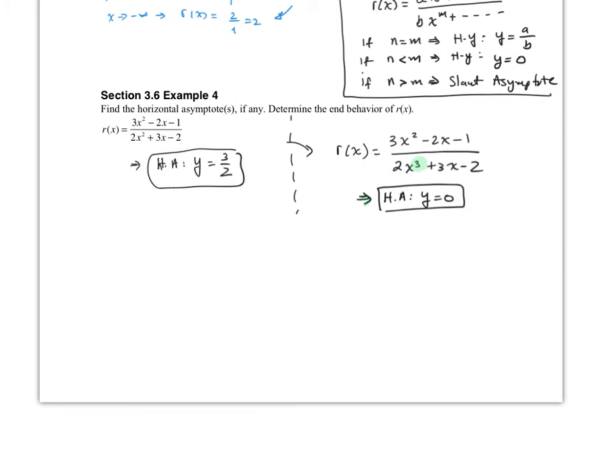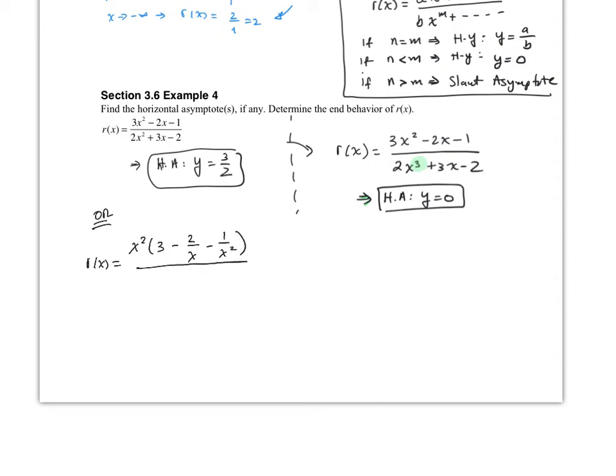Now, if you're going to take calculus, I recommend you do the long way at least one more time, because you're going to need that in calculus. So remember, you factor the biggest exponent on the top, which is x squared. So here you have r of x equals x squared times 3 minus 2 over x minus 1 over x squared.